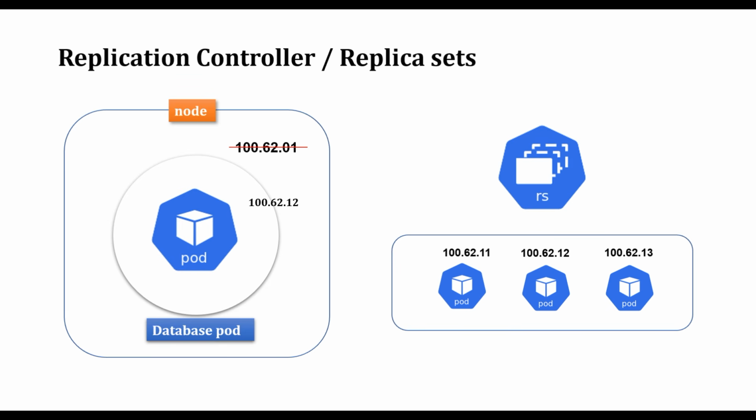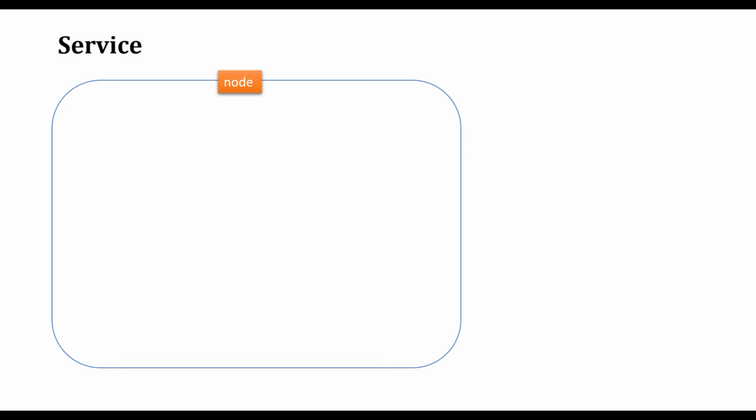You can create as many replicas as you want for a specific pod, and you need to specify this at the time of creating the deployment object. I will talk about the deployment object in a moment. So far we understand how this replica set works, right? If any pod goes down or crashes, it will immediately be replaced with a new pod with a new IP address. Now let's move on to the next component, that is service.